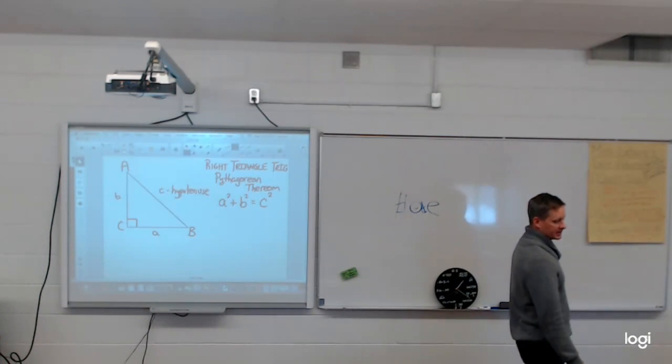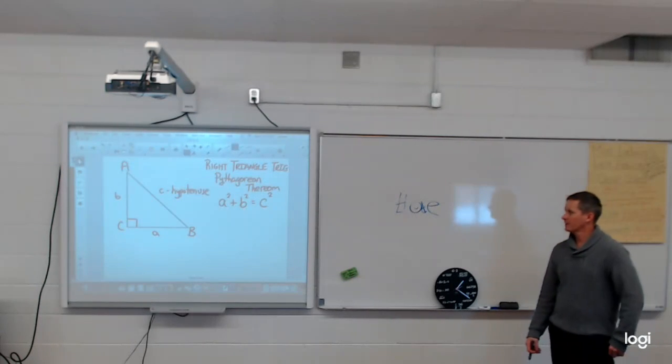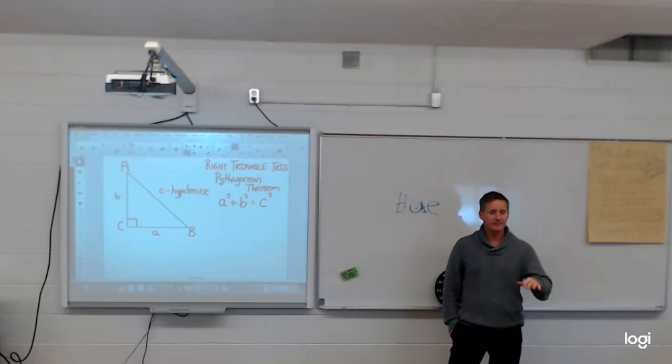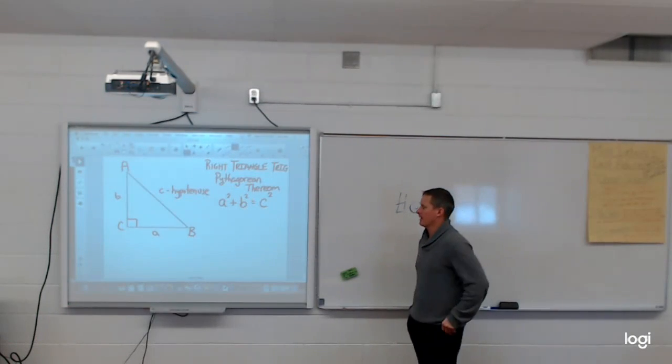A squared plus B squared equals C squared. See it? So far, so good. Up to this point, you all know this, right? You've done this? Okay, perfect.